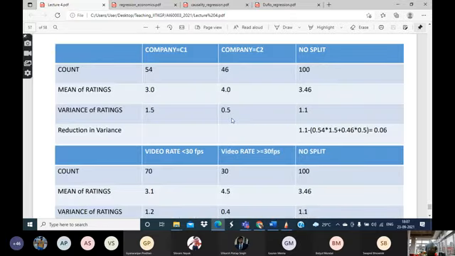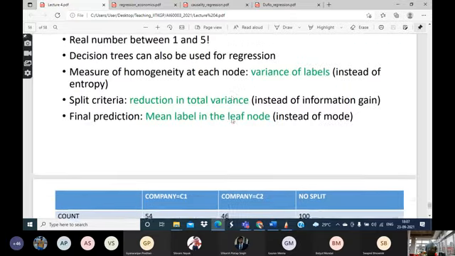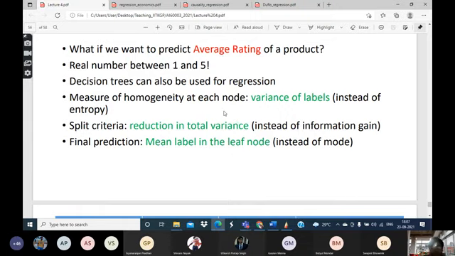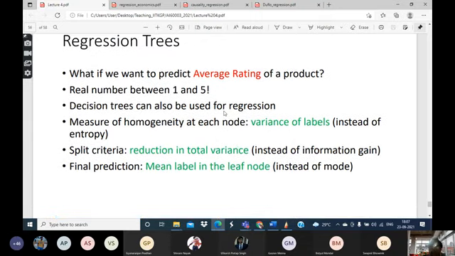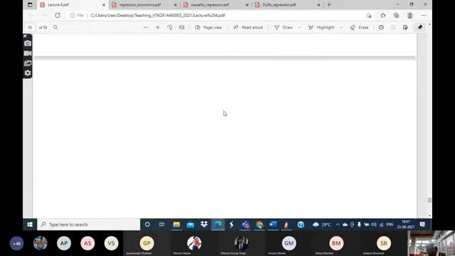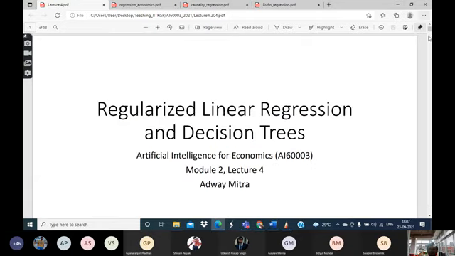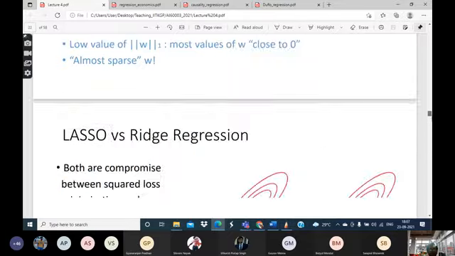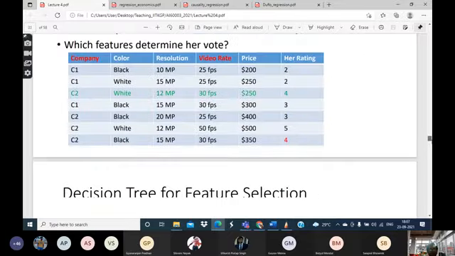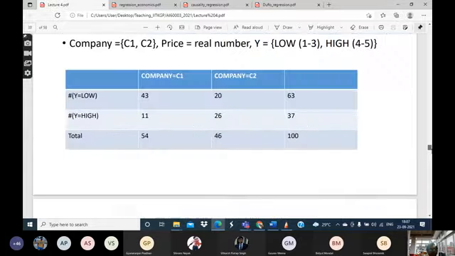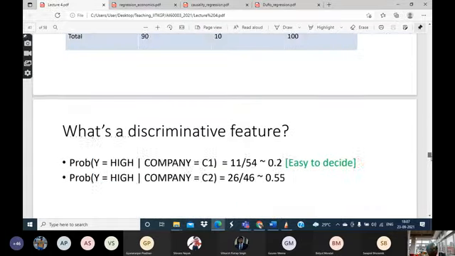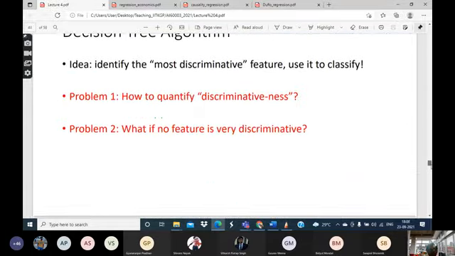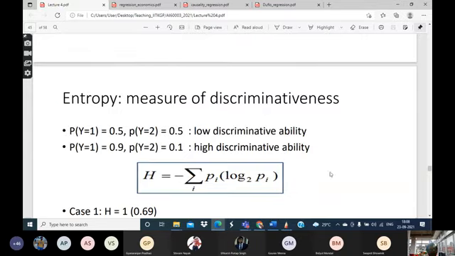Another difference if we are going for regression is that in that case you cannot measure the entropy. Entropy does not make sense. Why does it not make sense? Because of how we defined entropy.